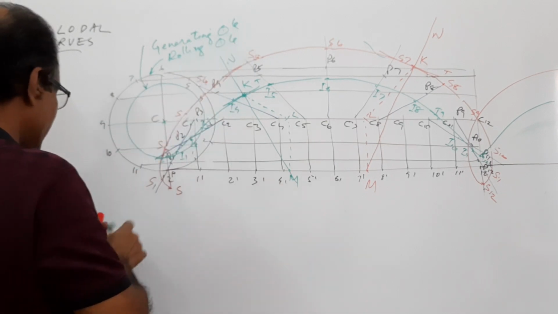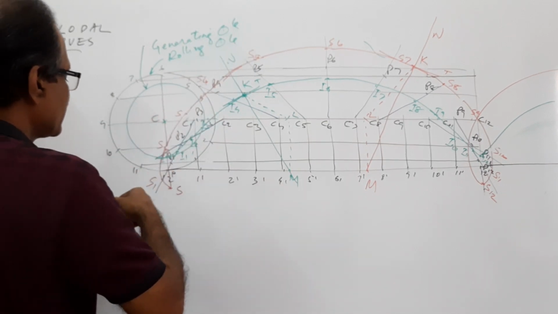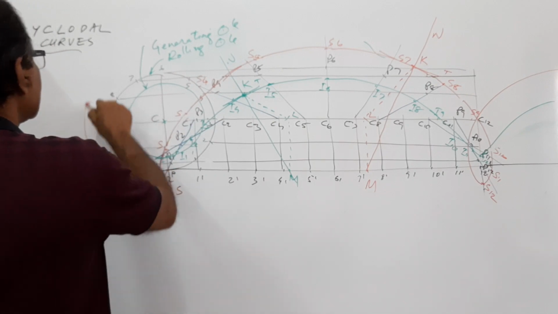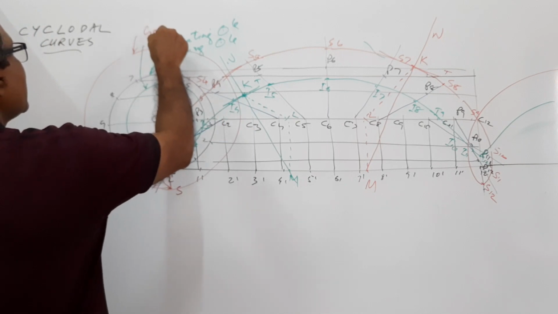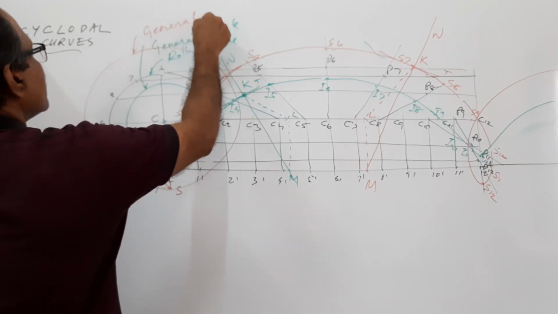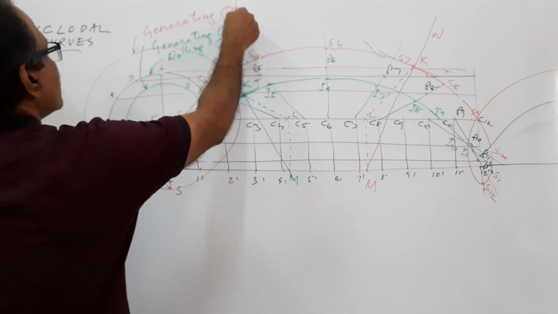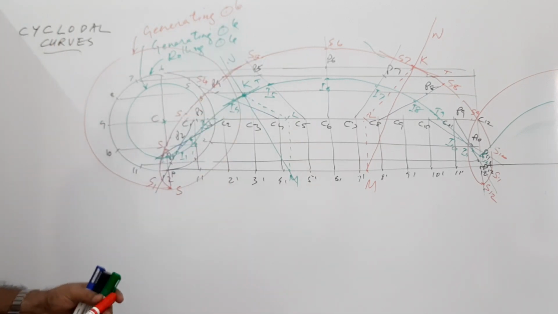And if you draw a circle with CS as radius, it represents the generating circle for the superior.